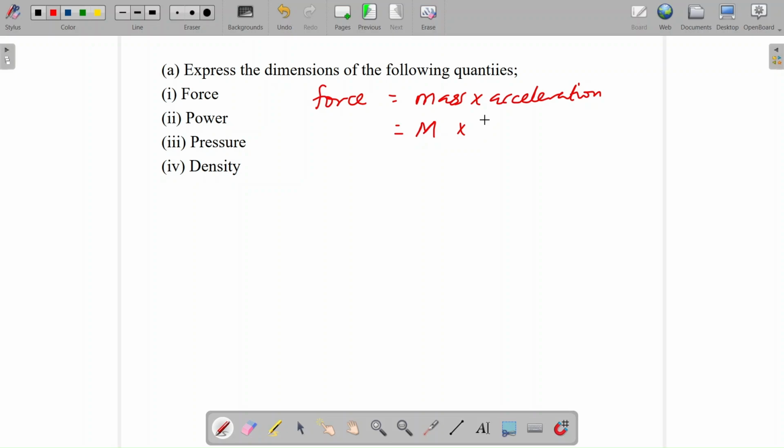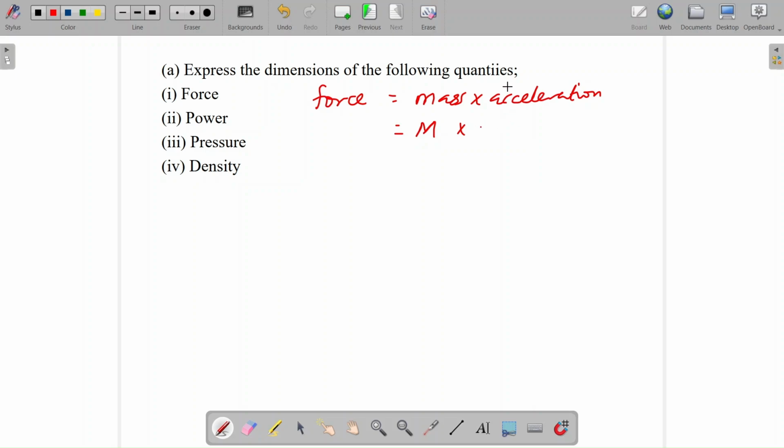Velocity is distance over time, that is displacement over time, and displacement is length.